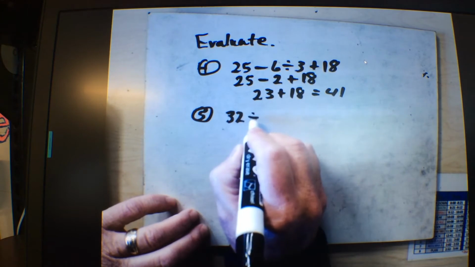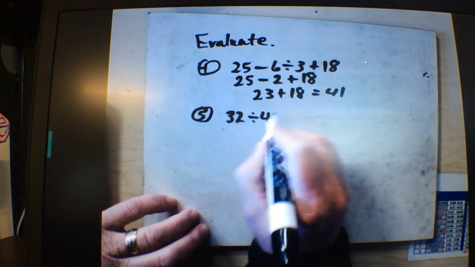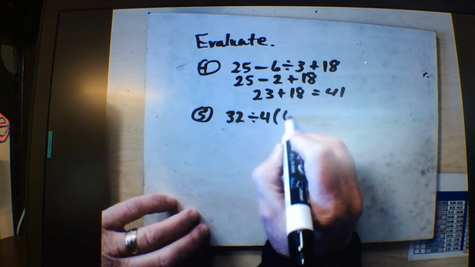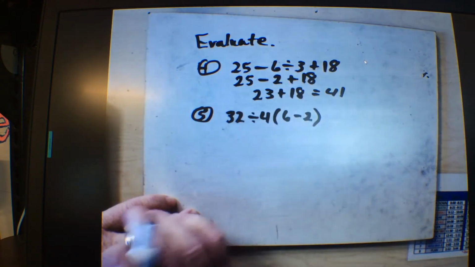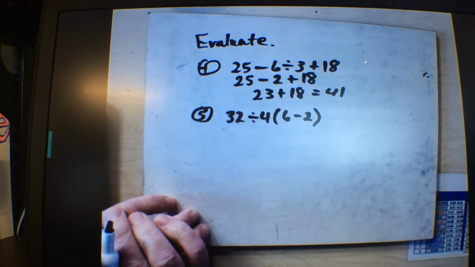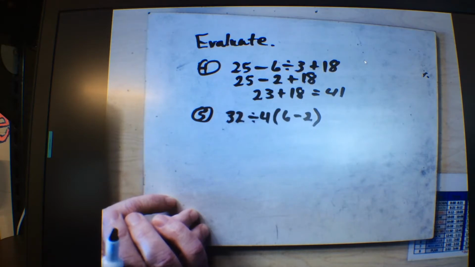Okay? How about this one? 32 divided by 4 times quantity 6 minus 2. What do I do first, Tater? I do not believe that. Divide.